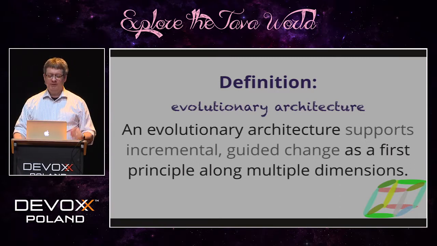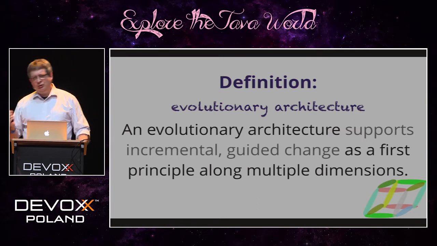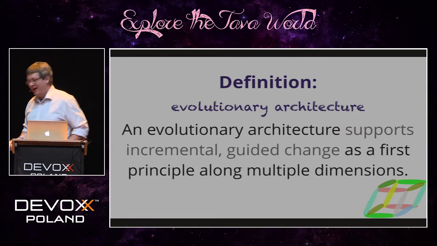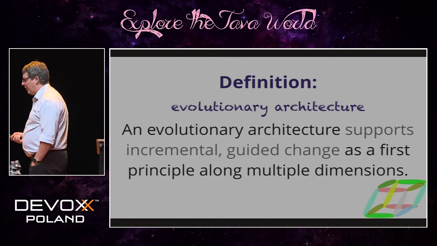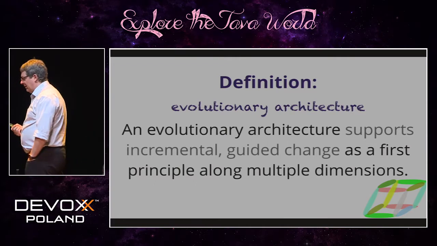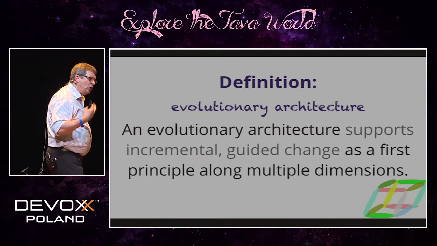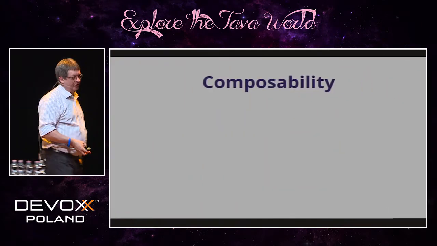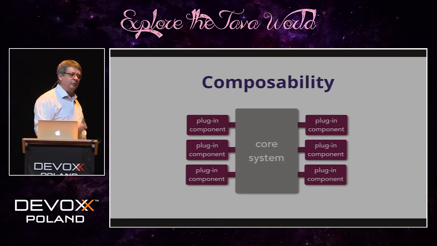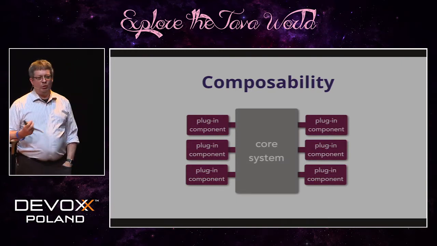Now, one of the interesting things about architectural patterns that's not true around things like design patterns is composability. Because architectural patterns compose really cleanly inside one another. For example, let's say you have a microkernel architecture.